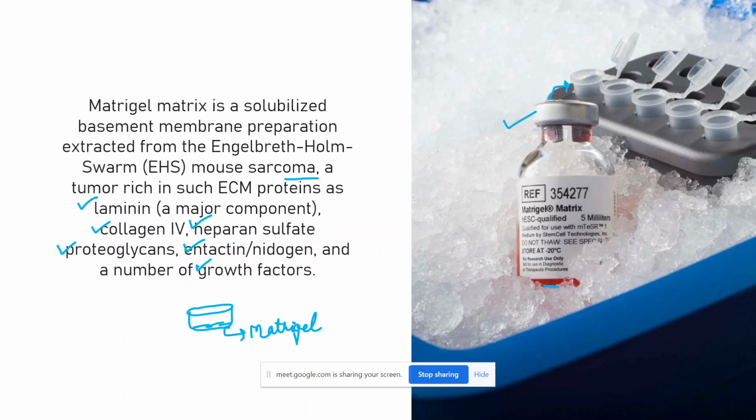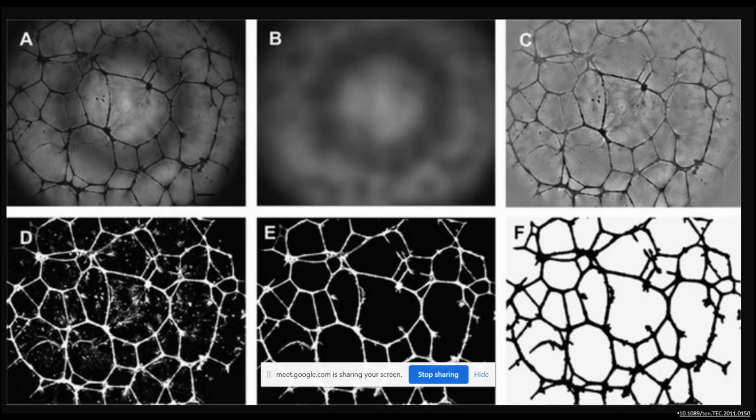For example, matrigel is extensively used for culturing epithelial cells, and in the body, when epithelial cells grow, they form these tube-like structures which are like the web of a spider, as you can see here in the S panel.